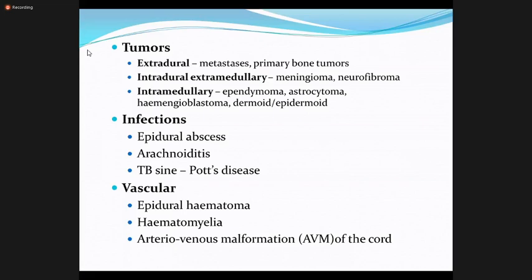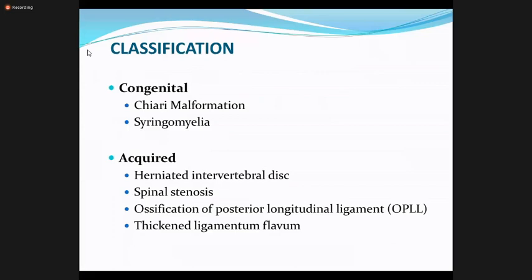In vascular causes, there are epidural hematoma and hematomyelia, that is the hemorrhage within the cord. And basically, these two abnormalities are caused by ruptured arteriovenous malformation of the cord. So these are different classifications, different causes on the basis of their appearance.